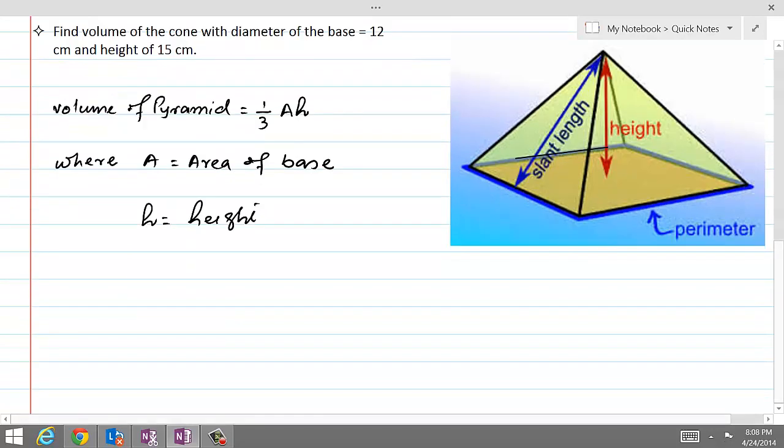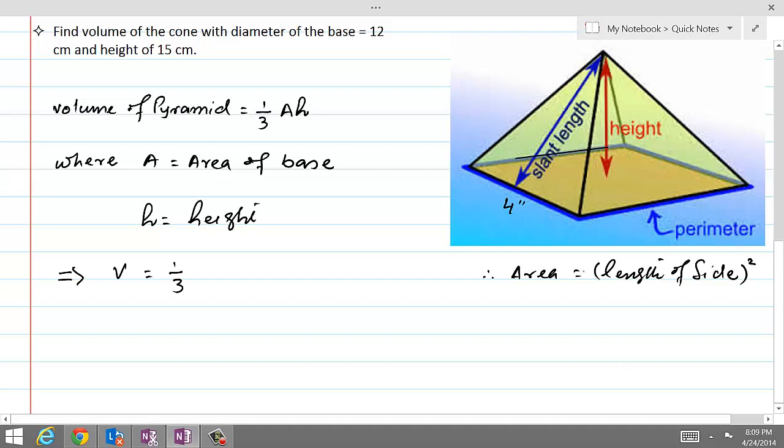So this means that volume V would be equal to 1/3 times the area. If each side is 4 inches, then area is equal to length of side times length of side, meaning length of side squared.